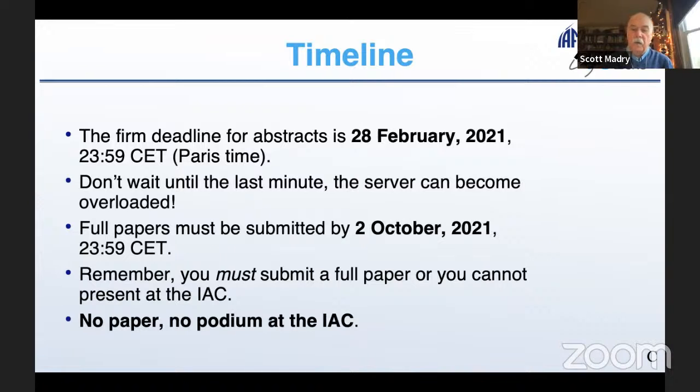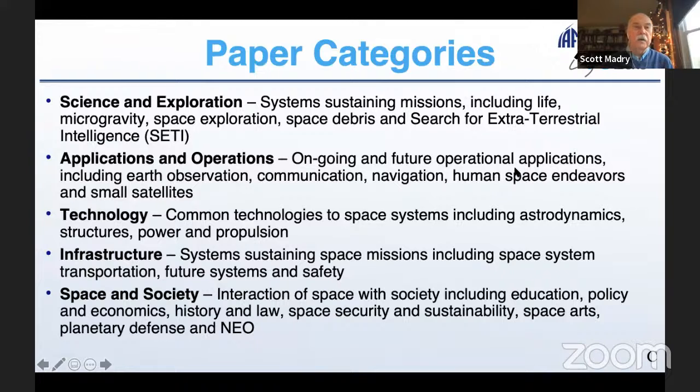And please remember that you must submit your full paper or you cannot present at the IAC. No paper, no podium. So if you have your abstract accepted and you do not submit your paper, you will not be able to give your talk. And I'll turn it over to Carol, and Carol will tell you about the various different topics.